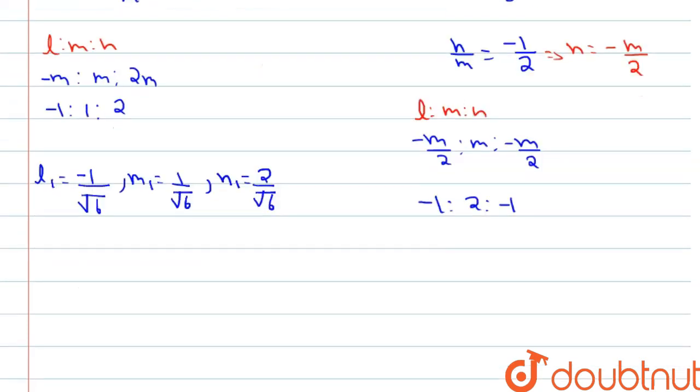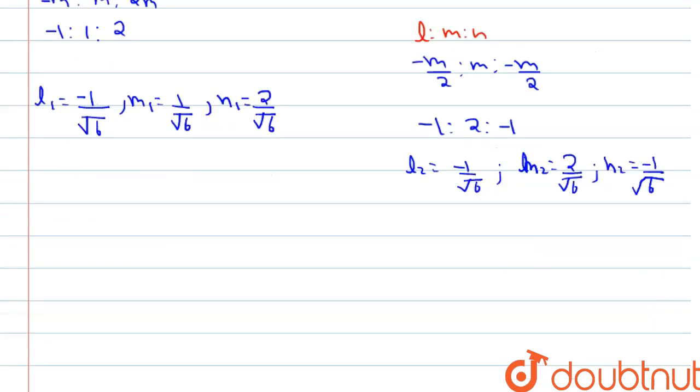And also we can write here l2 is equal to minus of 1 by root 6 here, comma m2 is equal to 2 by root 6, and n2 is equal to minus of 1 by root 6 here, right?